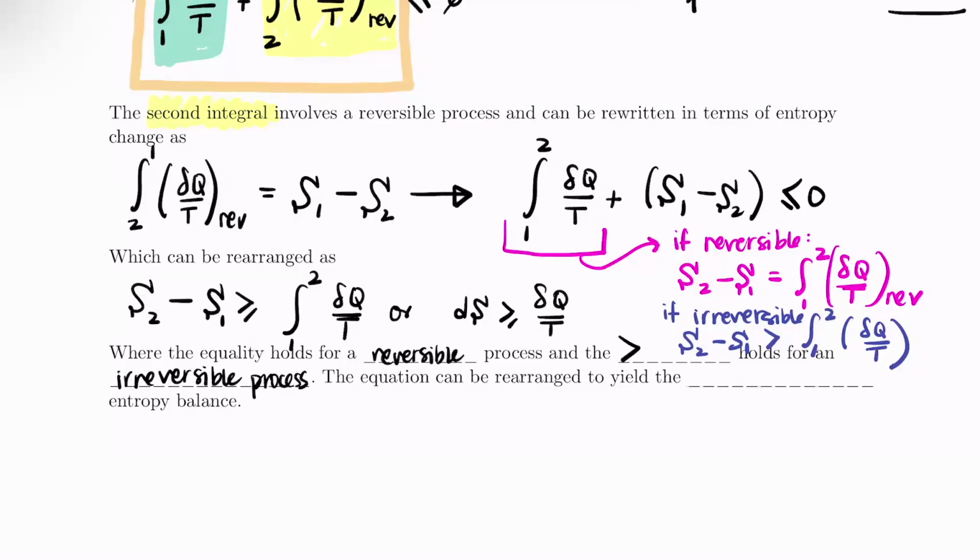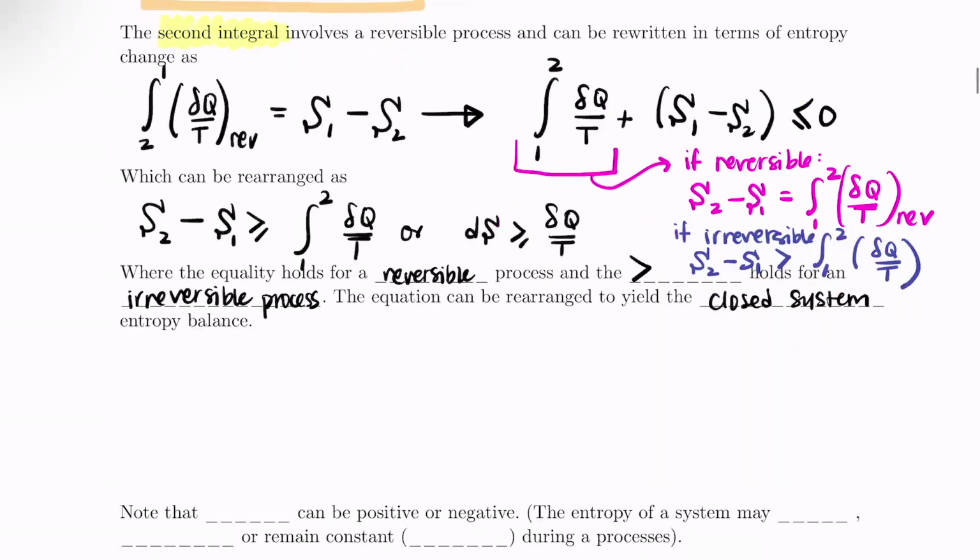We can rearrange this equation to yield what's called the closed system entropy balance. And so that looks like the following. We have S2 minus S1 is equal to the integral from 1 to 2 of delta Q over T plus S gen.